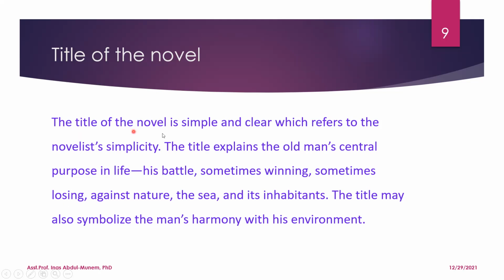The title of the novel is simple and clear, The Old Man and the Sea, which reflects the novelist's simplicity. The title explains the old man's central purpose in life. The Old Man and the Sea, what is the central purpose?